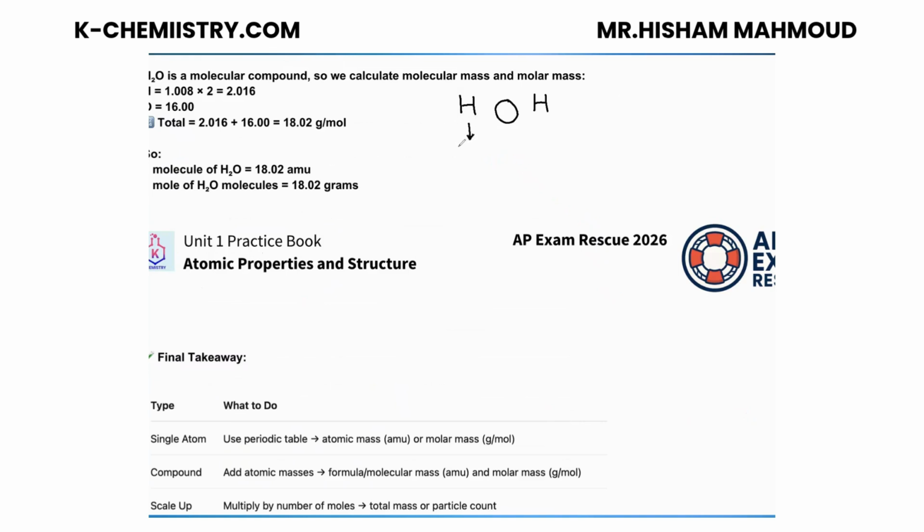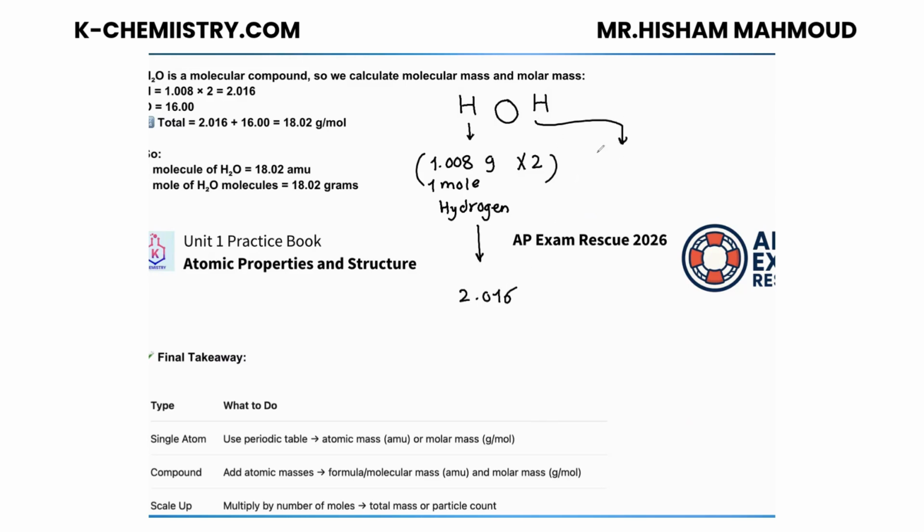The mass of 1 mole of hydrogen is 1.008. I have 2 of these, so I will multiply this by 2, and then I will get the answer as 2.016.